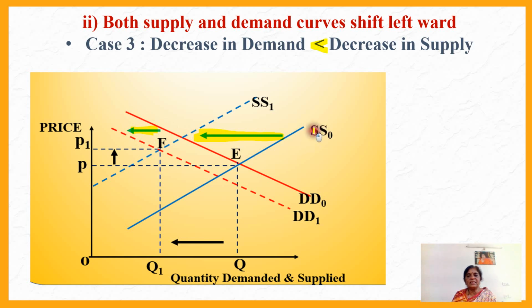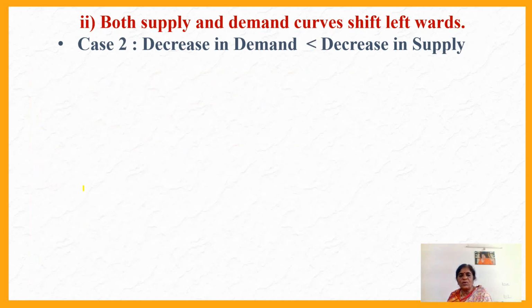You can see the initial supply curve SS0 and the initial demand curve DD0, and DD0 and SS0 intersect at point E. After the shift, the supply curve SS1 and the demand curve DD1 both intersect at F. We'll discuss in the coming slide what happens to the price and the quantity.